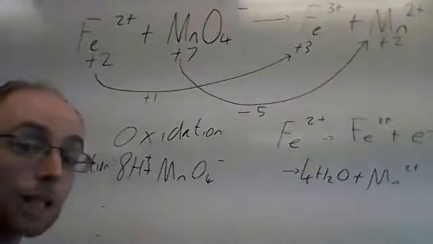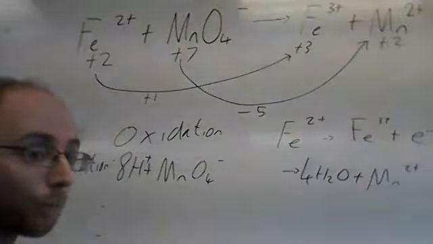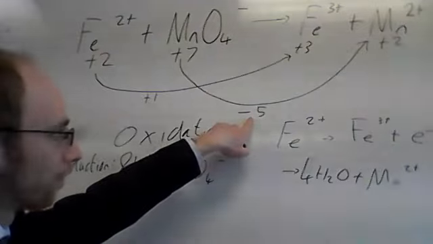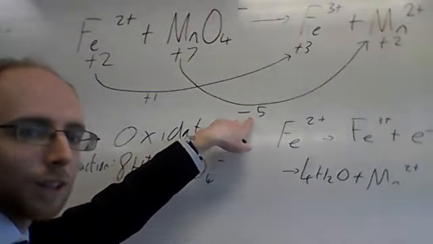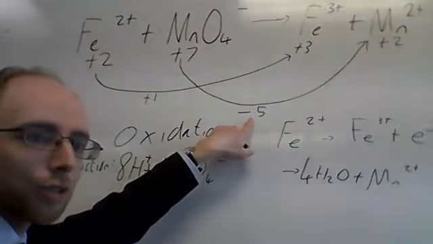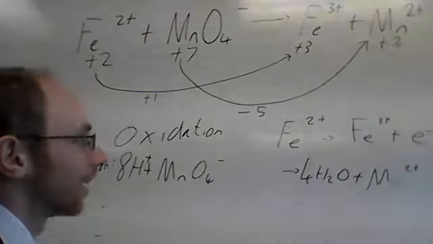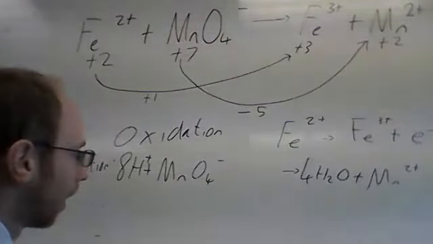So, seems a little more complicated than the previous half equation, but we're now in a position to do stage 4. Let's look at those electrons. Well, minus 5 was the change in oxidation state. The manganese has had 5 electrons come towards it. It's gained 5 electrons in some way or other. Don't need to worry about the details of the bonding and stuff here.